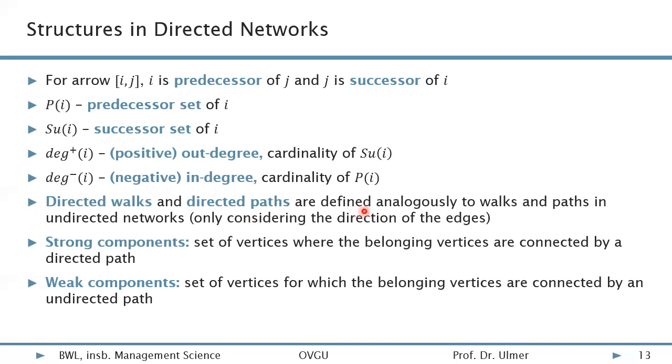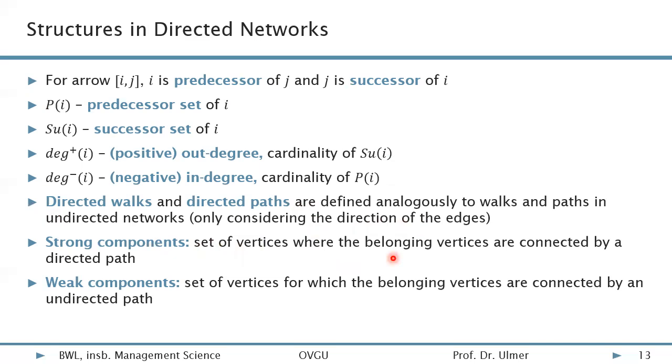And then we have, similar to the other one, directed walks and directed paths. But now we need to look at the direction. So we cannot walk backwards in time or against one-way streets. So we need to consider the directions of the edges. And we also have components, and we could say we have strong components where all vertices are connected by a directed path.